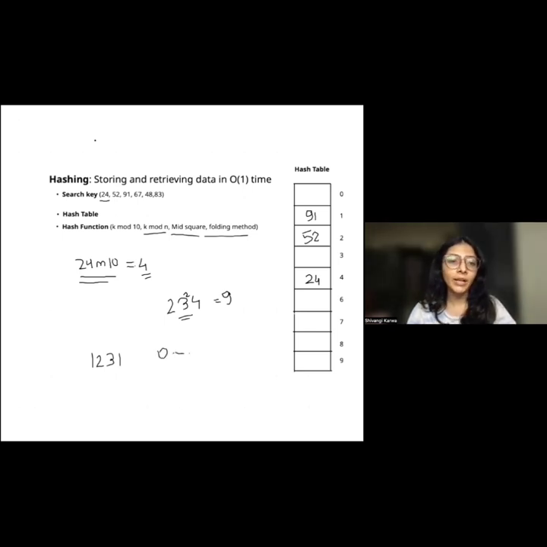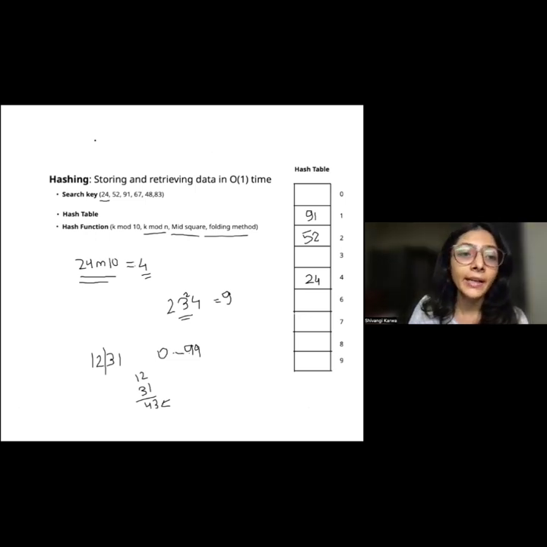In this case, the algorithm will first bifurcate the number, and then sum the bifurcated parts. So in this case, we will have 43. So 43 is the index where 1, 2, 3, 1 will be stored. This is how a hash function is used. Different hash functions are used to store search keys in a hash table.